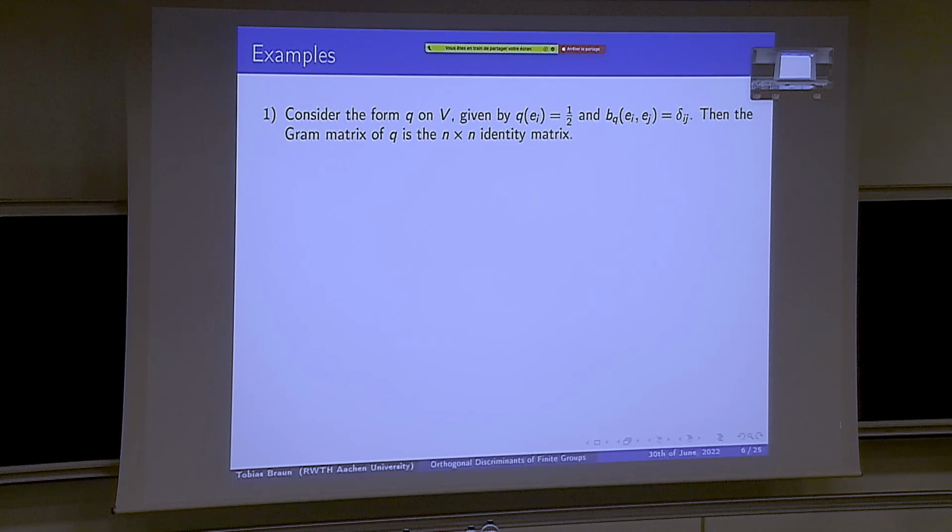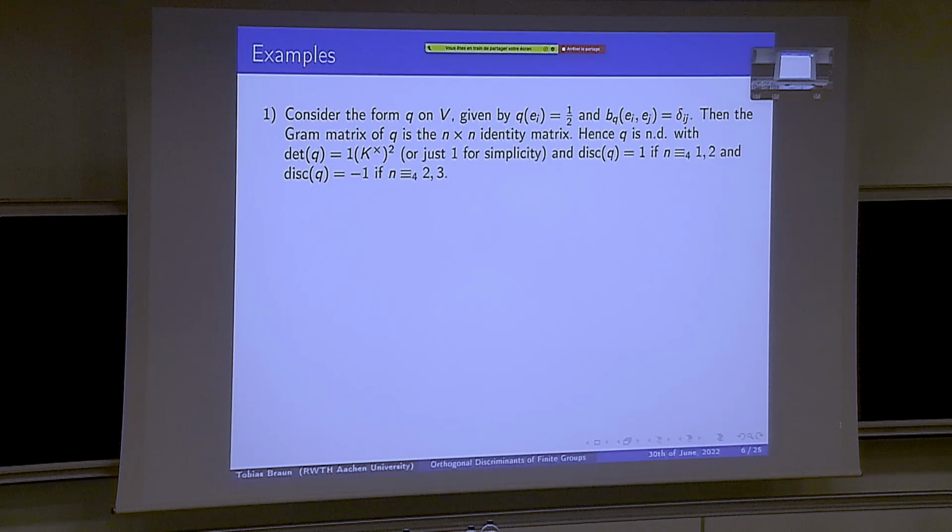The Gram matrix is just the n by n identity matrix, so the determinant is just 1. But keep in mind, we are talking about square classes, so it's the square class of 1, or just the class of squares in the field. And the discriminant will basically be 1 up to a sign. So if n is congruent to 0 or 1 modulo 4, it will be the same, or if it's 2 or 3 mod 4, then it will be minus the discriminant.